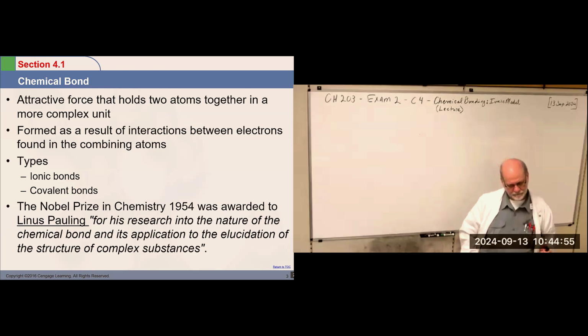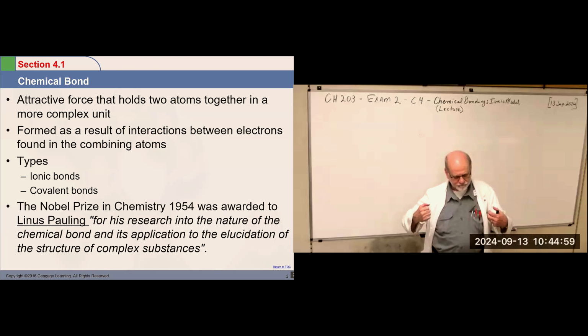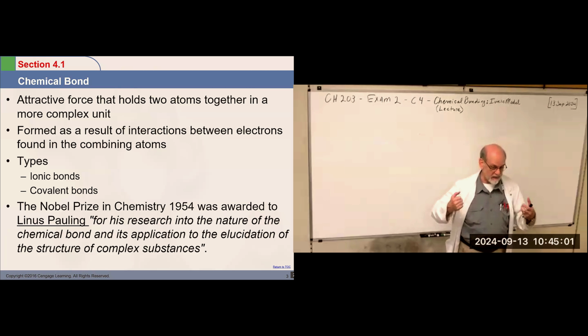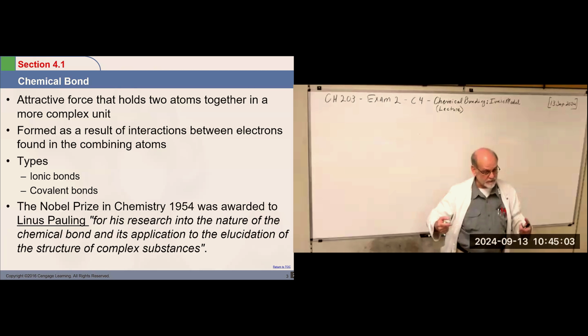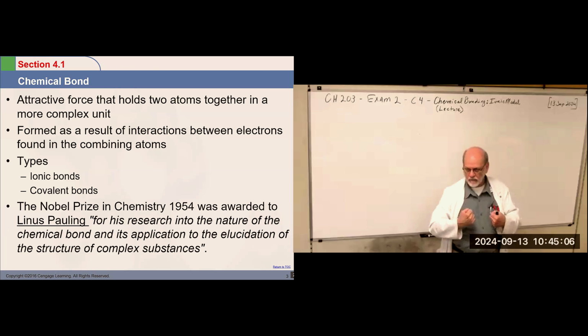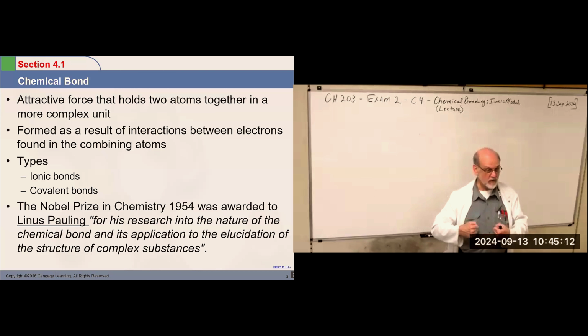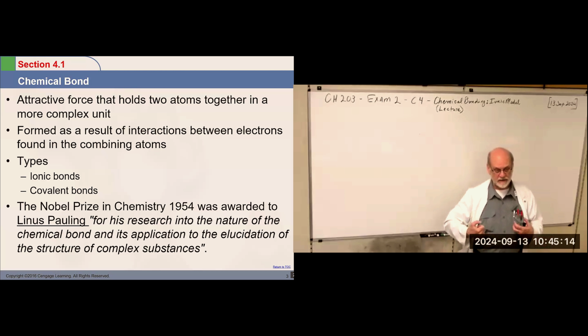Now, when two atoms come together and they're going to form a bond, maybe, what do they see first as they approach? That's not a trick question. They see electrons, right? The nuclei don't get anywhere near each other.